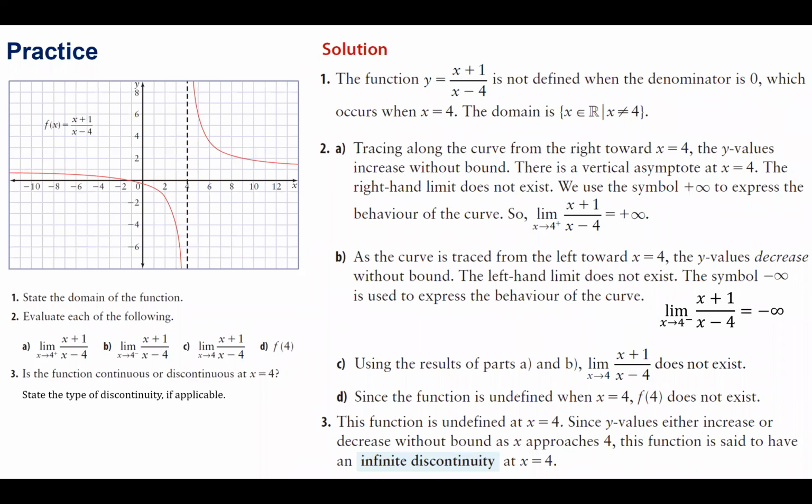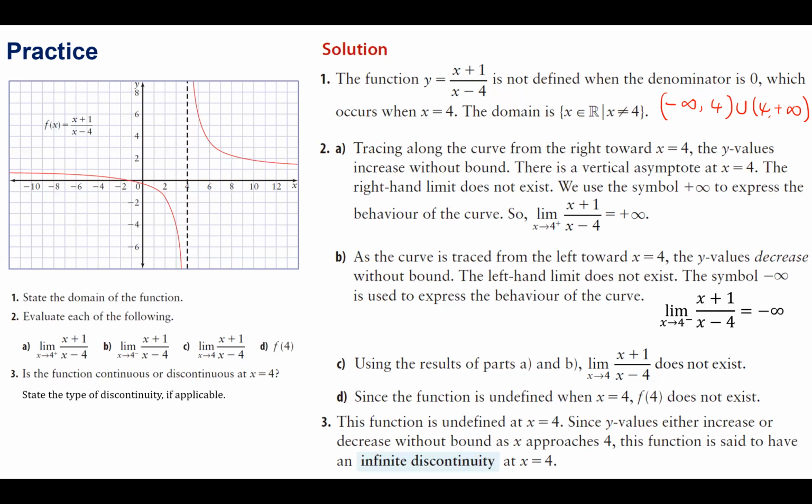Therefore, the domain of this function is x belongs to the real number set, but x cannot be 4. Okay, another way to state the domain is from negative infinity to 4, union with 4 to positive infinity, exclusive. Okay, you can use either notation. Both of them are acceptable.